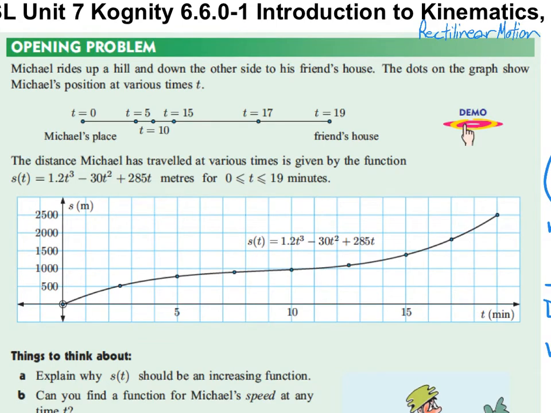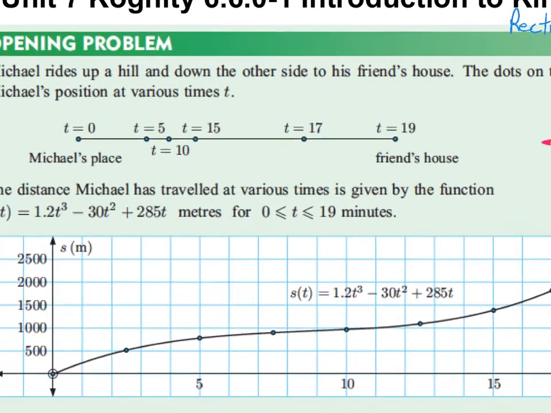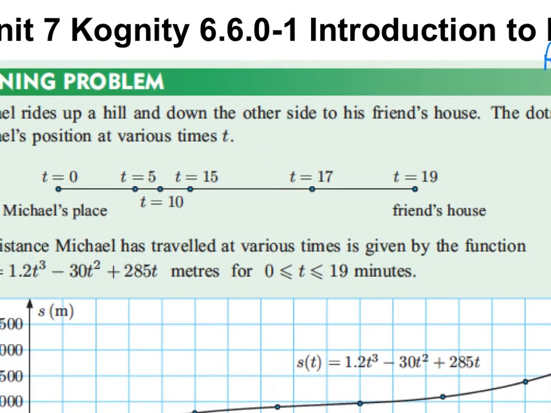Michael lives on the opposite side of a hill from his friend, okay? So he leaves his house, he rides up a hill and down the other side to his friend's house. The dots on the graph show his position at various times, okay? Now this is what's known as a motion diagram.